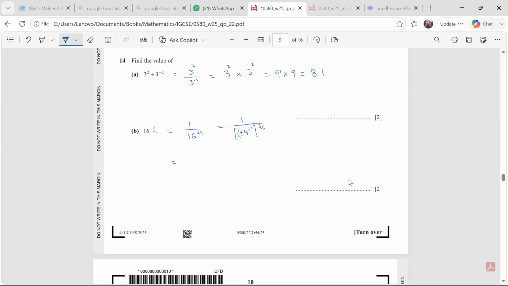So, 1 over, now this 2 will cancel with this 2, and I will have plus or minus 4, and its power is 3. So it will become plus or minus 4 to the power 3, which is 64. So I will have two answers, plus or minus 1 over 64. Okay, I hope it's clear.